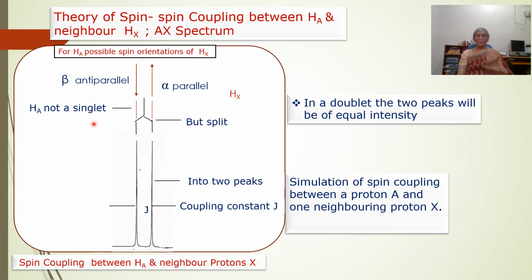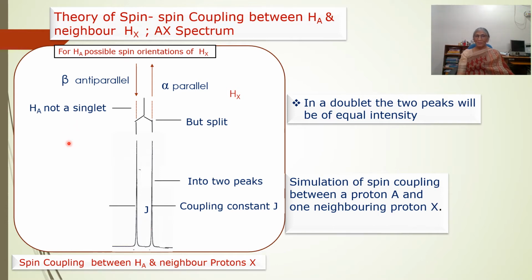That is to say, because of the two different spin orientations which proton A can see, it will show resonance two times. One, when the net effective magnetic field is slightly higher, and second, when the net effective magnetic field is slightly low. So a singlet will split up into two peaks. The distance between the two peaks is known as the coupling constant J.